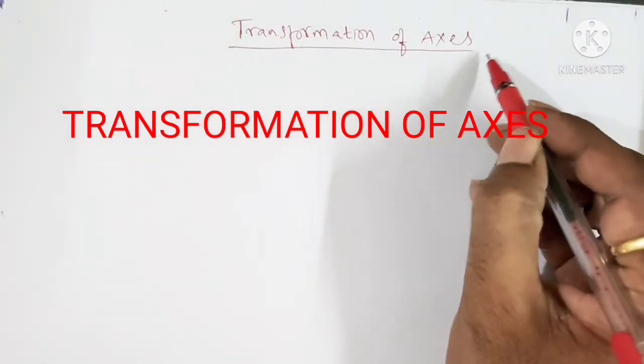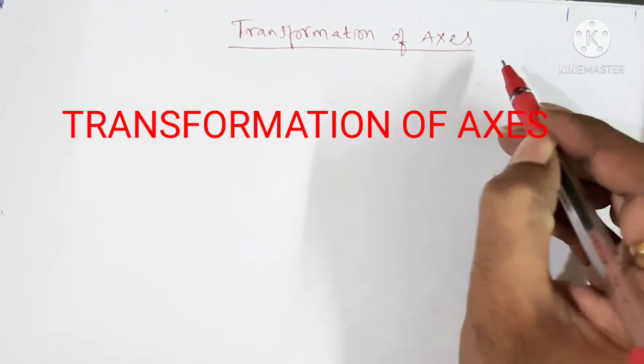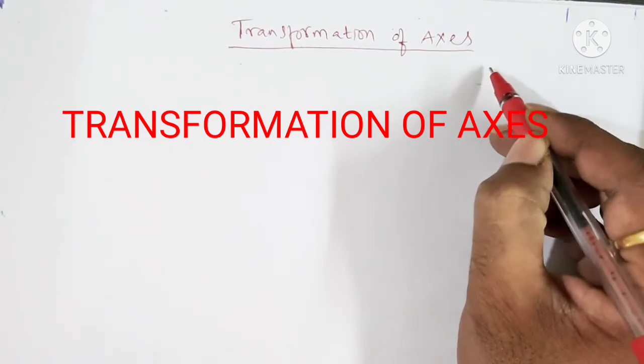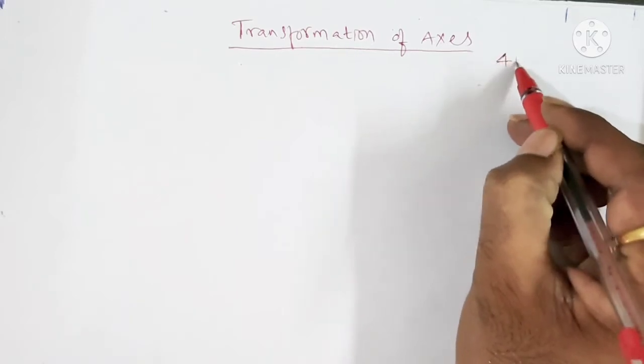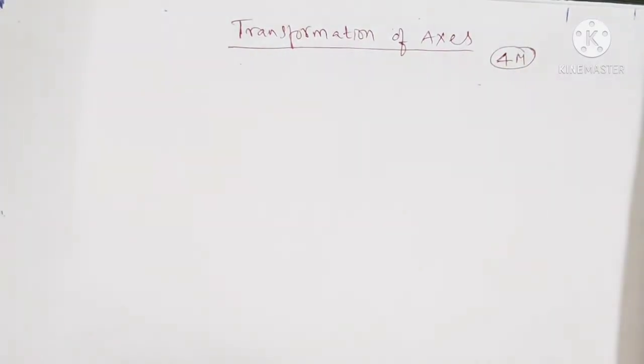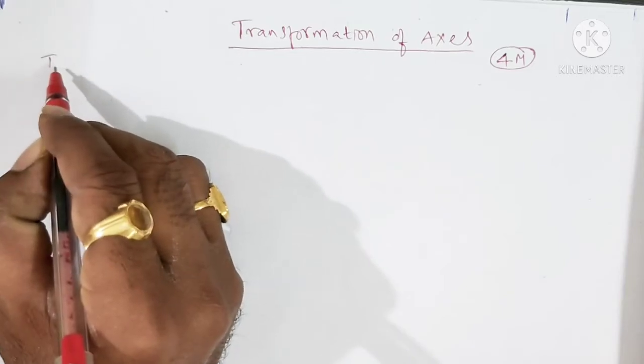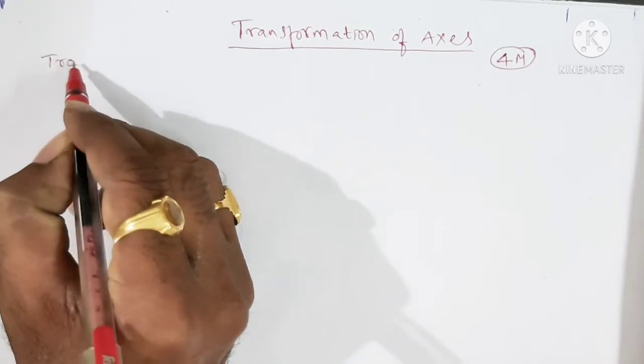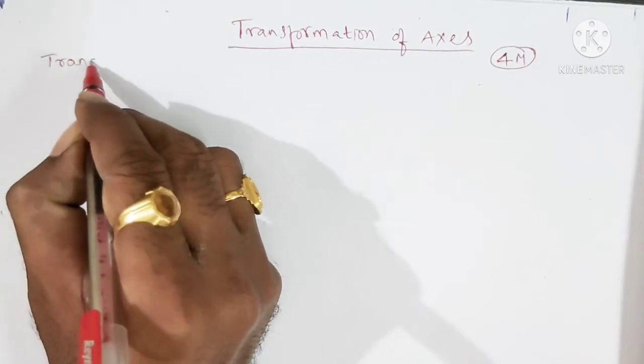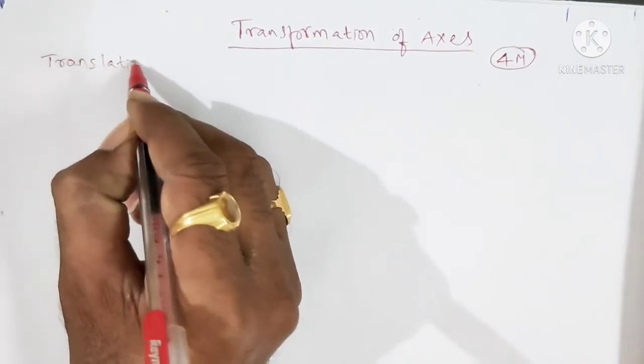In this transformation of axes, we expect 4 marks questions in the IPE examination from this section. Minimum 2 questions we get here. In this, 2 concepts are more important.